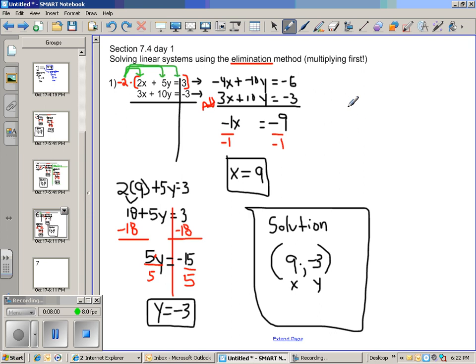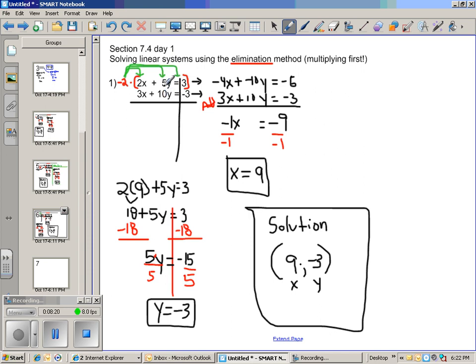So just to recap, solving using the elimination method, multiplying first, you have to first arrange both equations in standard form, and then make sure that one of the variables is going to cancel out when you multiply by the least common multiple.